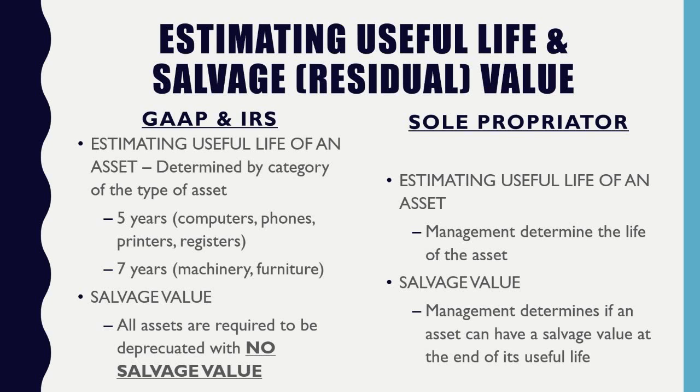Under corporations, Acct and the IRS bog down on making sure that your assets are at zero at all times. Meaning the salvage value will always be zero. So that means at the end of its life, it should hold no value.